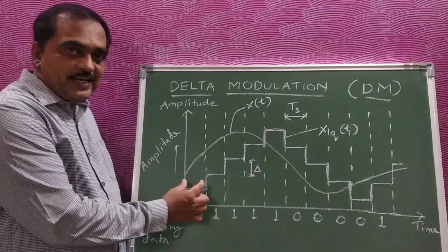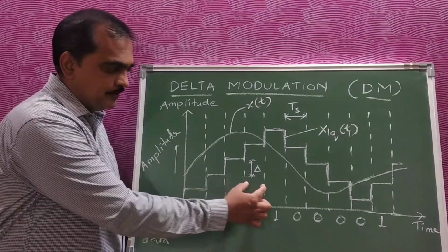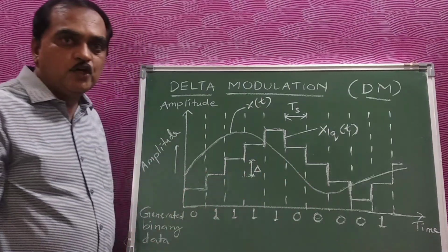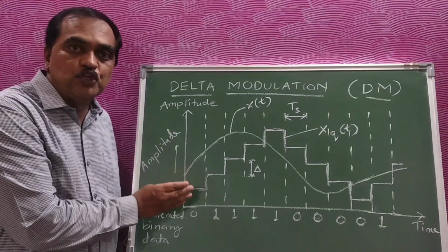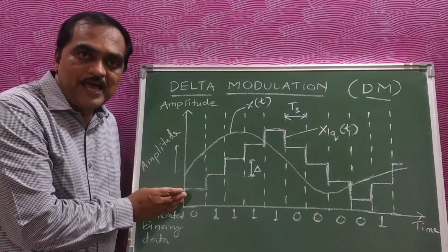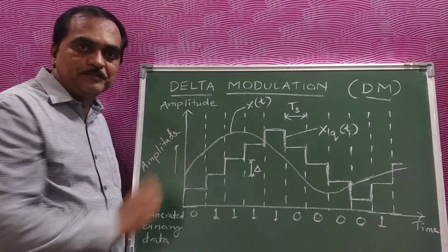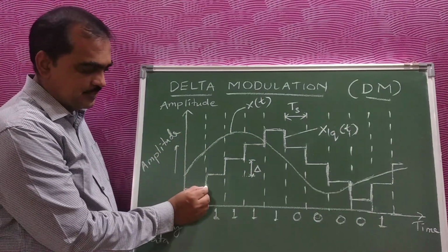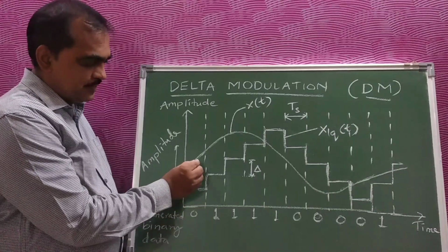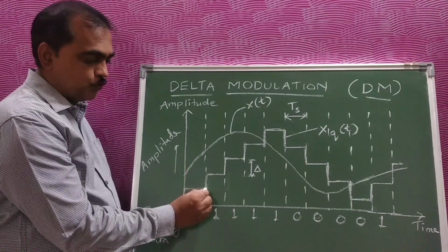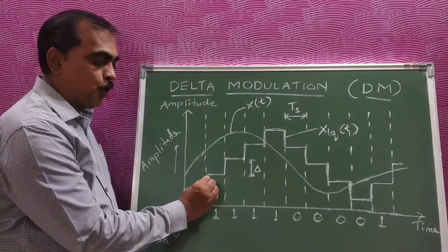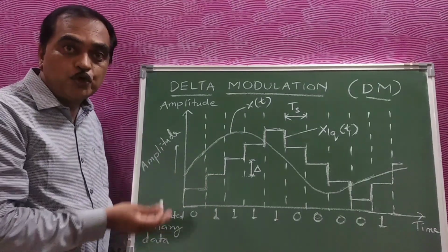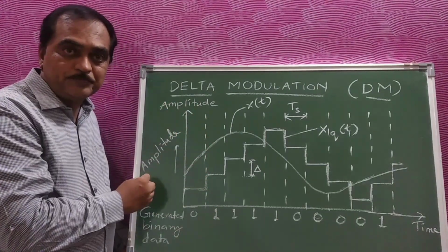Now, at every time period, you have to see what the position of the staircase waveform is as compared to the analog signal. In the first case, the analog signal is on top, so the staircase has to go on top, because it has to catch the analog signal.